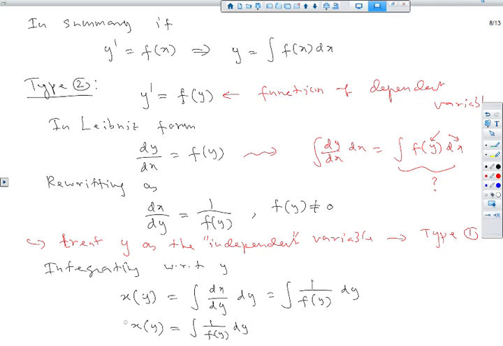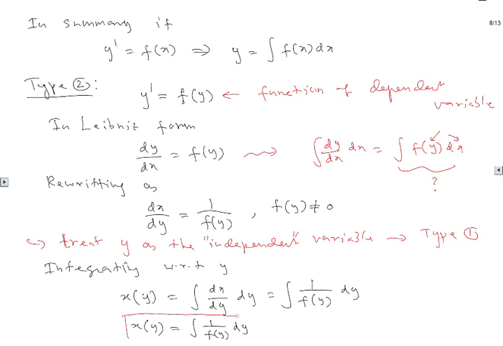So we're going to consider this the formula in the type 2 situation. You flip it, make it upside down, and then integrate with respect to the other variable. We don't add the c here, because c is already contained inside the integral.